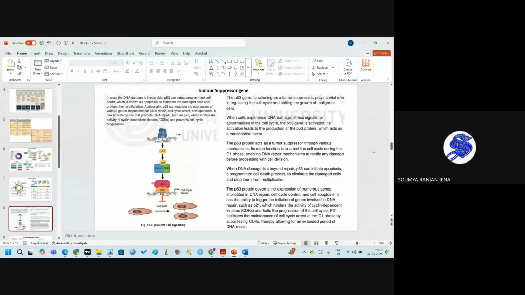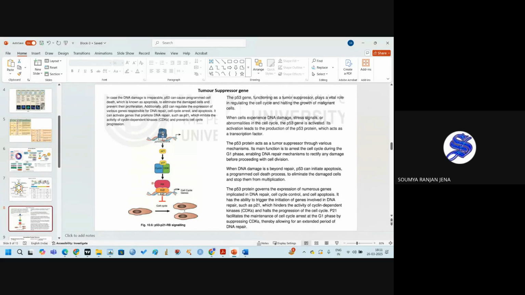Its activation leads to the production of the P53 protein, which acts as a transcription factor for the synthesis of the P21 protein. This P53 protein acts as a major tumor suppressor, because if a mutation occurs in the P53 gene, there is a chance that cancer will occur in that animal or person.